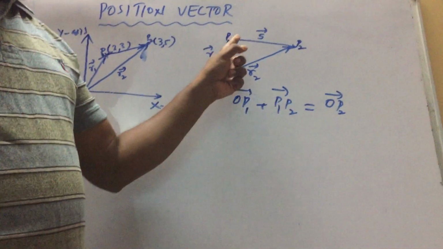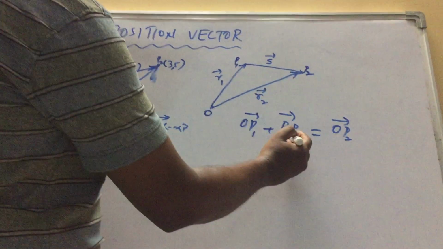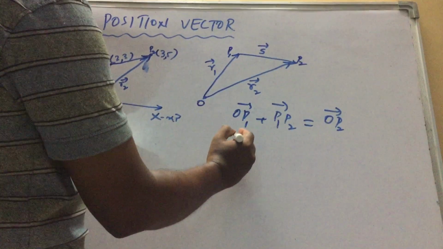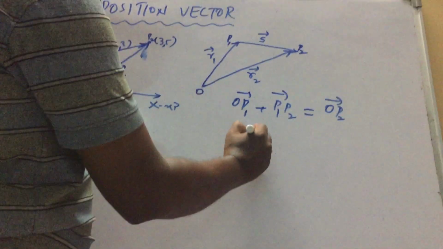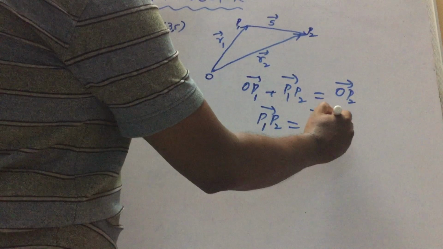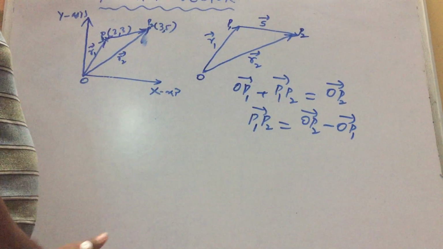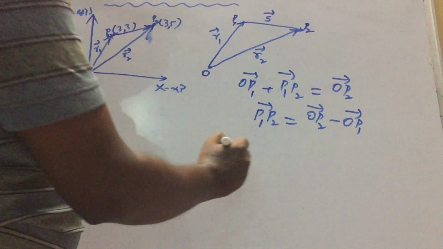But what we want here is to find the displacement. So the displacement is given by P1P2. How can you write P1P2 here? Vector P1P2 is equal to OP2 minus OP1. Now we want to find the magnitude.